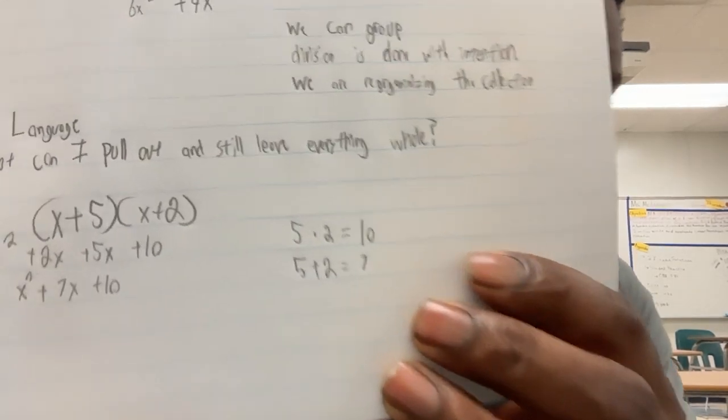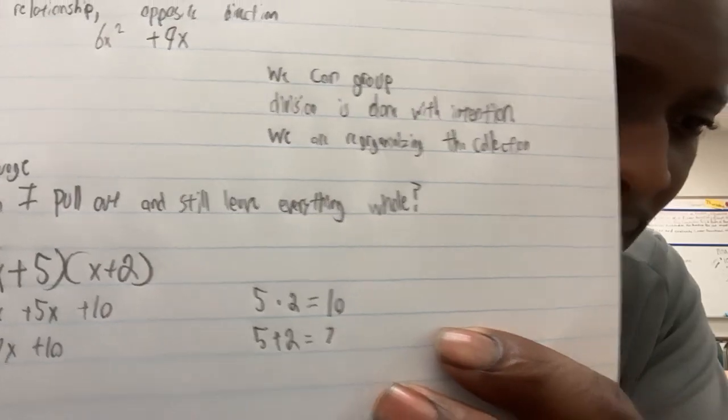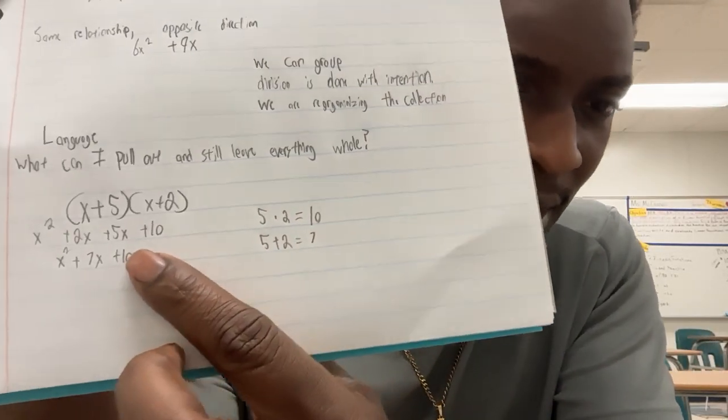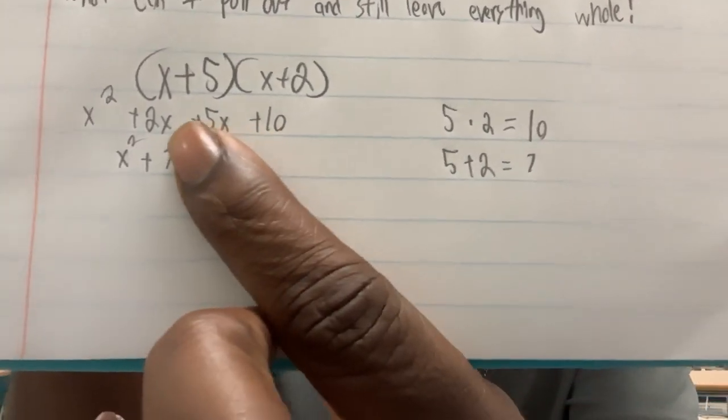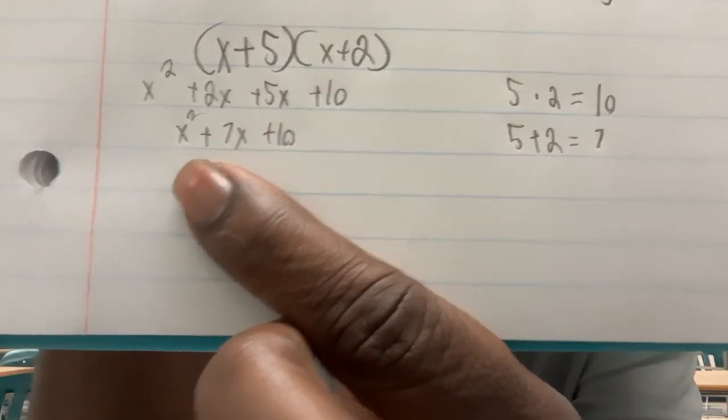There's a story here. I know that 5 times 2 gives me 10, and yet 5 plus 2 gives me 7. Which, if I write it like this, I see that they're both shared in common right here. 7x, 10. I know x squared is the result of x times x.